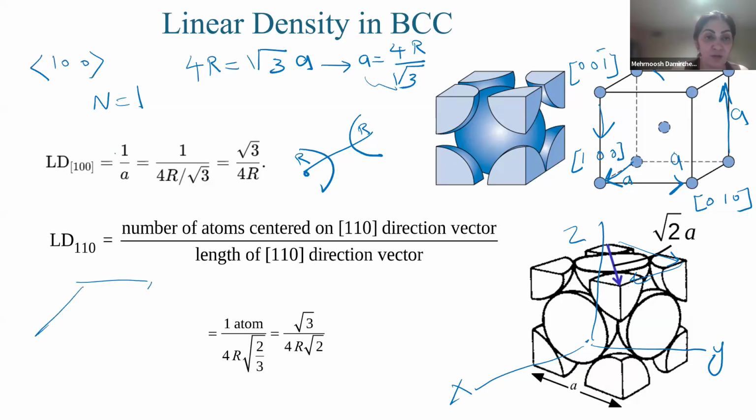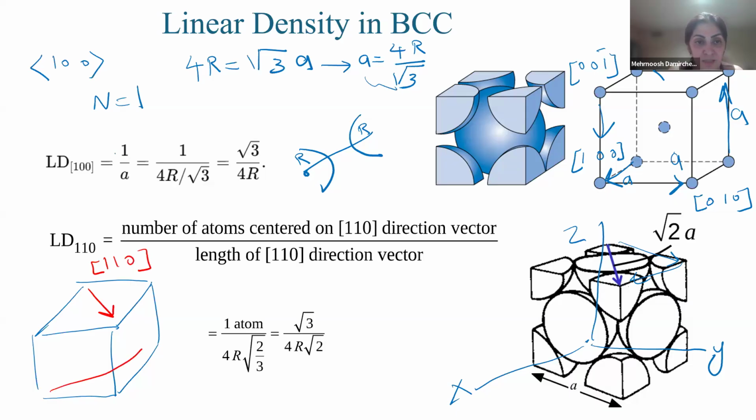Or if you consider that we have this cell, I don't show the atoms for seeing the color. All of them belong to one family, such as this. It is [1, 1, 0].